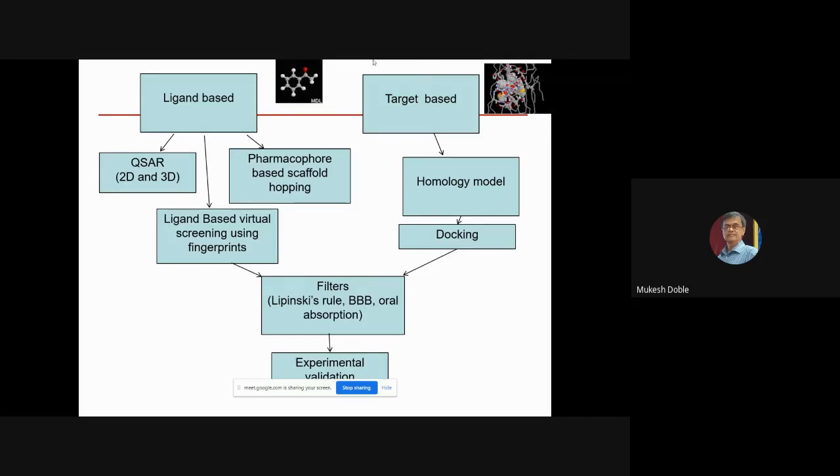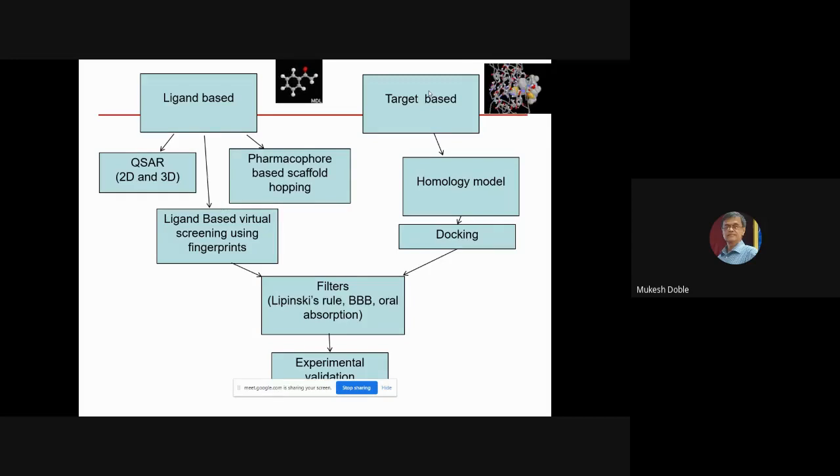Then yesterday we looked at QSAR. What is QSAR? Quantitative structure activity relationship, and how do you build models, almost like regression models, between the structural descriptors or features and the activity: one descriptor model, two descriptor model, linear models, non-linear models.